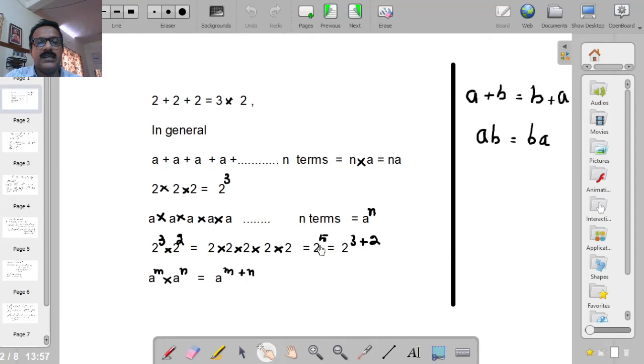We got this by adding the exponents 3 plus 2. That is, 2 raised to 3 into 2 raised to 2 is equal to 2 raised to 3 plus 2. In general, a raised to m multiplied by a raised to n is equal to a raised to m plus n. The exponents are added to multiply a raised to m into a raised to n.